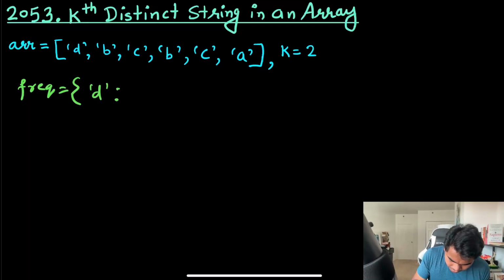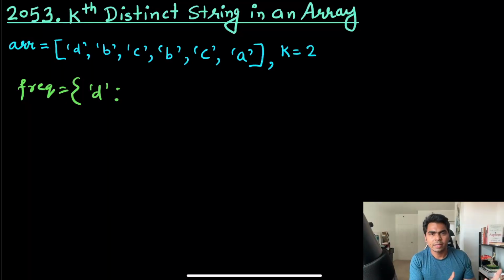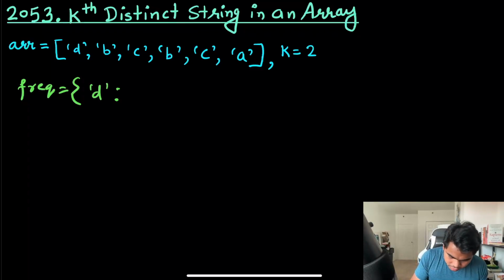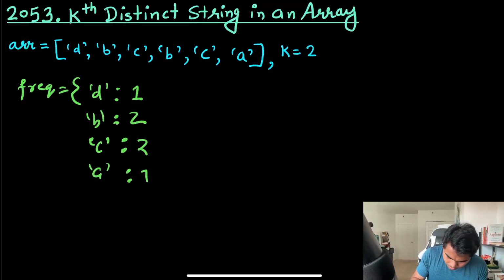These are keys, and in Python you can just use Counter directly, or you can create your own dictionary, or in other languages you can create hash maps, but store the frequency of each of these strings. So for D it's 1, for B it's 2, for C it's 2, and for A it's 1.